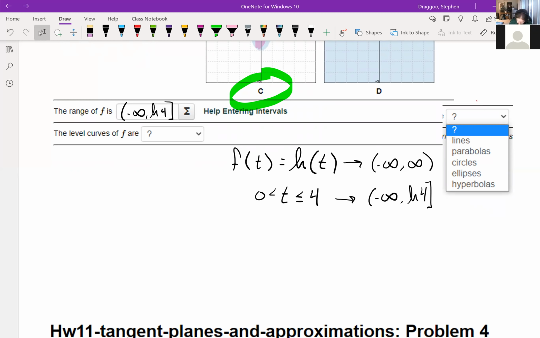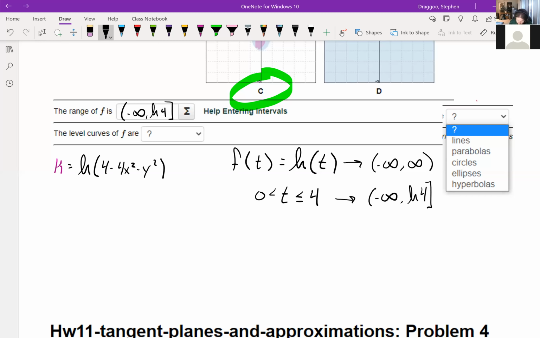So what I'm going to do is just replace z with k and then set it equal to the rest of the thing. So z is k, and this is then the natural log of 4 minus 4x squared minus y squared. And I want to put this equation into something recognizable.